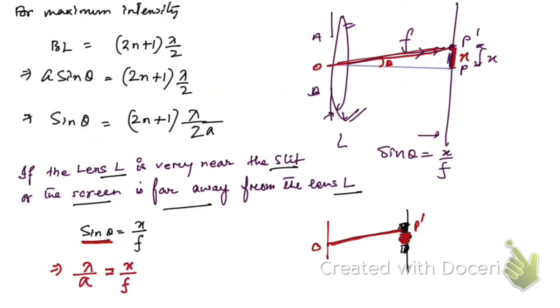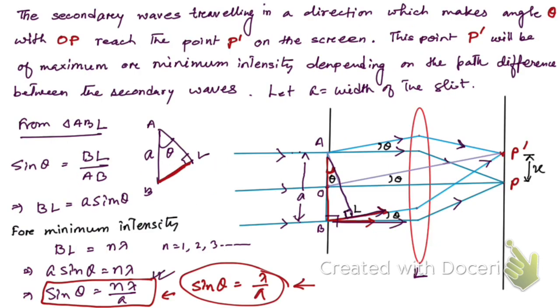At P we had got the central maxima. P dash will be the first dark fringe if sine theta is equal to lambda by a. From this condition we have got that the first dark fringe after the central bright will be obtained at P dash if this condition is satisfied for n is equal to 1. So hope you have understood this.